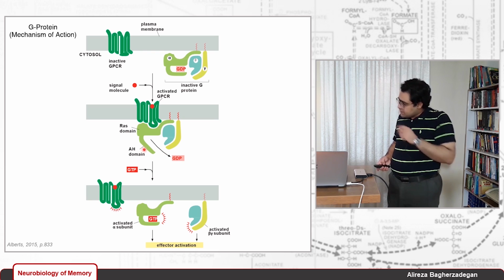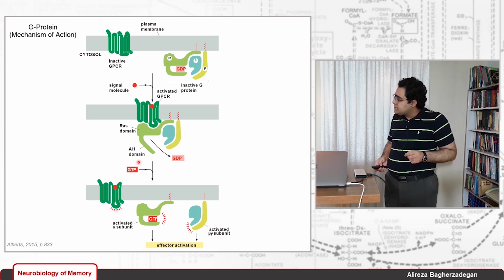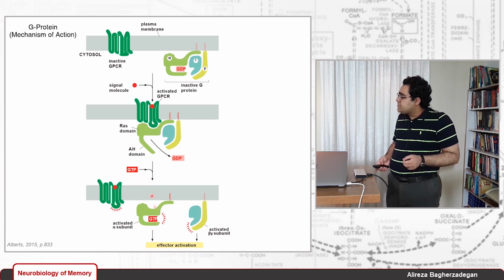So that's why when GDP escapes after the alpha helical domain opens, GTP comes in.